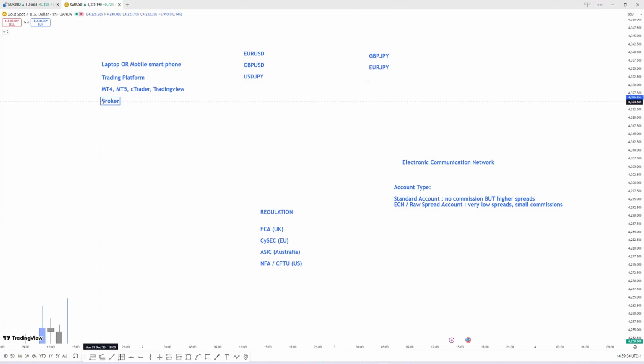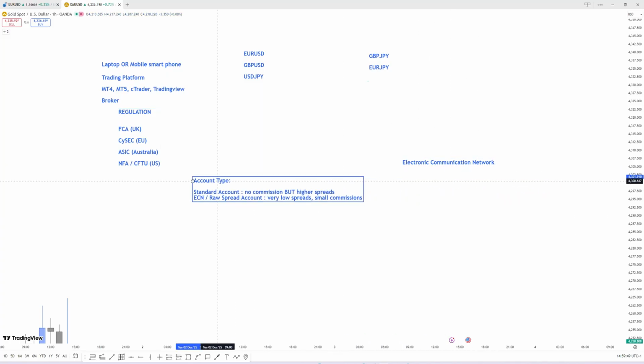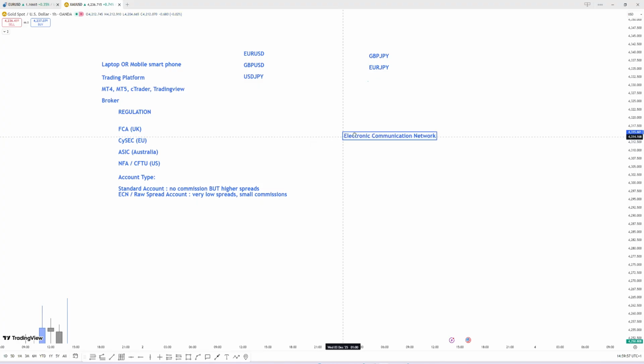So what you need in order to choose your brokerage firm is, one, regulation, if they are regulated, the account type, and this is ECN brokerage firm.